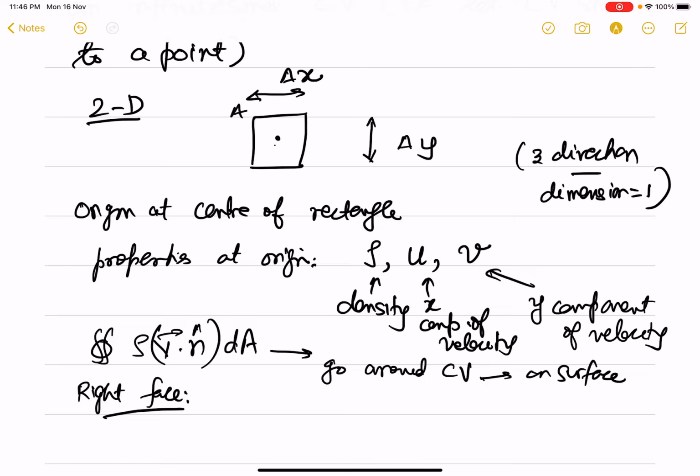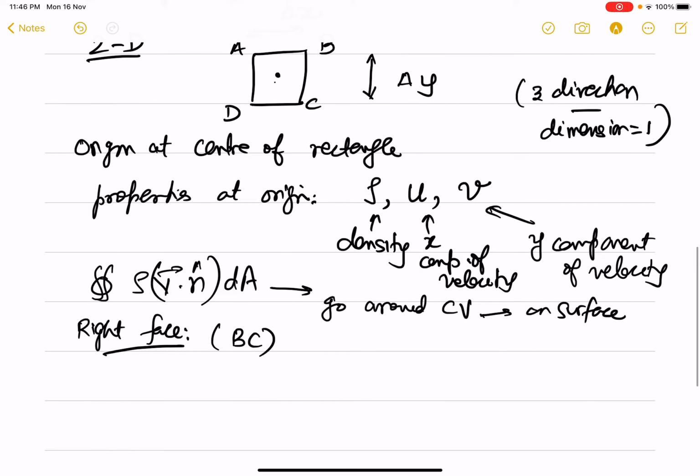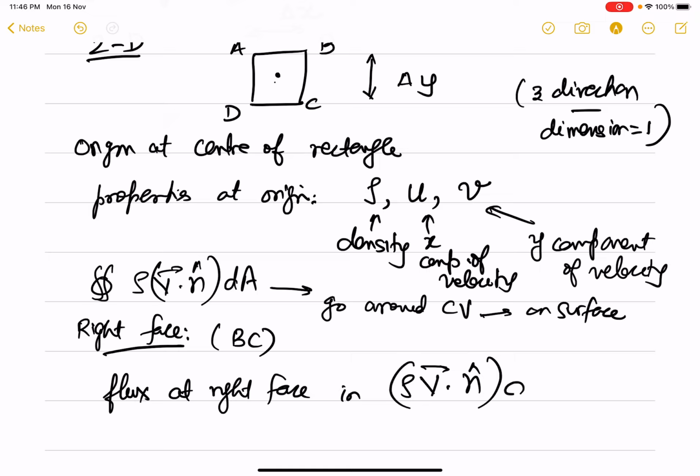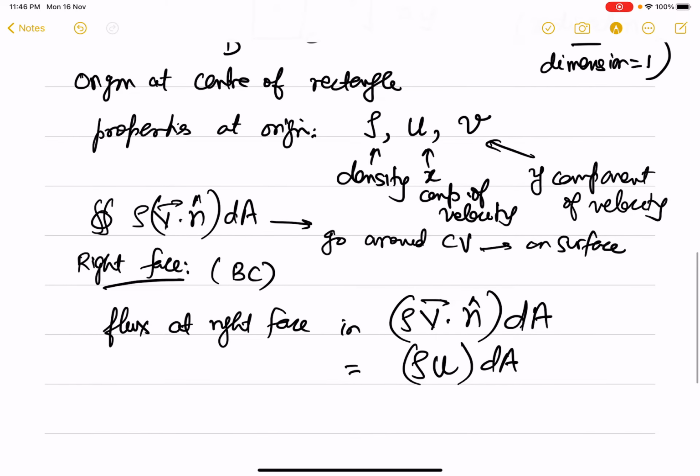Let me call the corners A, B, C, D. So the right face is BC. Now the flux at the right face in rho v dot n dA will be equal to rho times the x component of the velocity times dA on the right face.